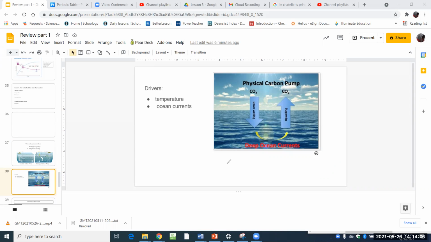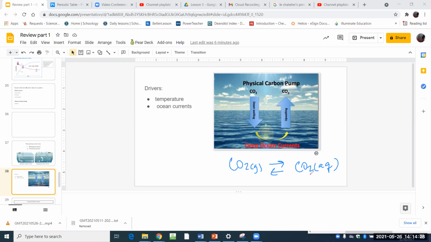This is a physical equilibrium, where carbon dioxide in the atmosphere, in the form of gas, enters and leaves the ocean, where it is carbon dioxide in aqueous form. This is the first step in the physical pump process: carbon dioxide entering and leaving the system.